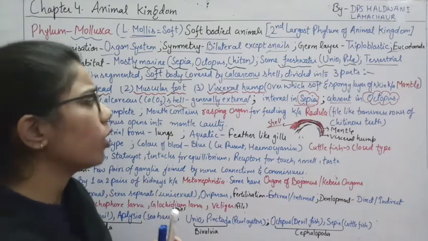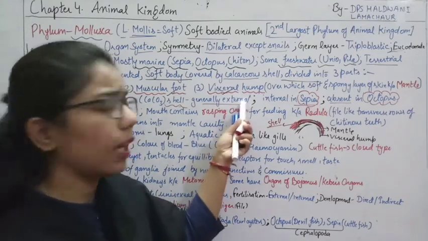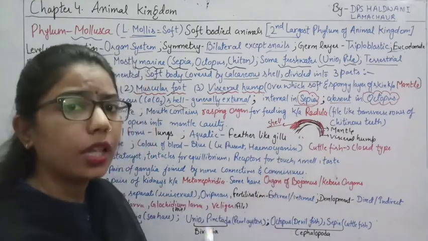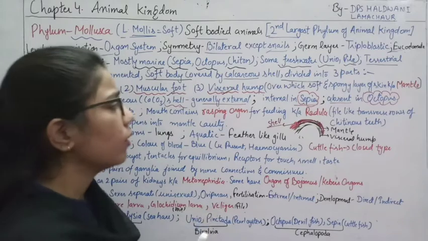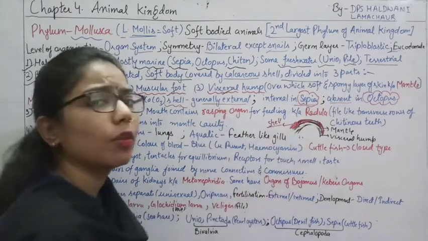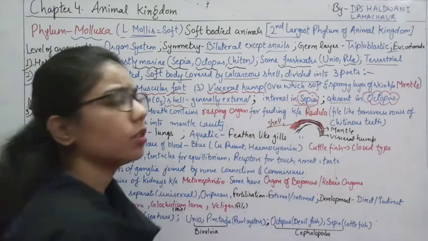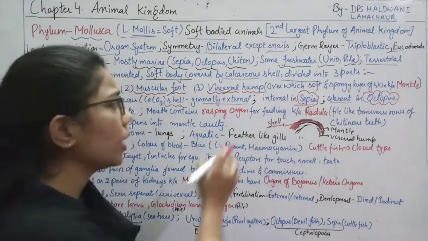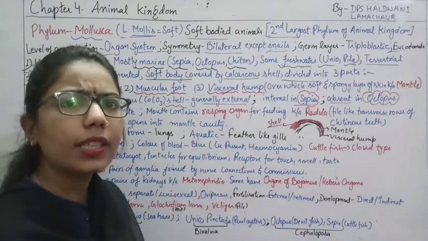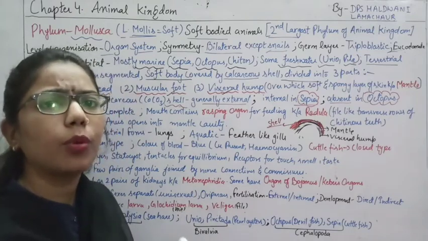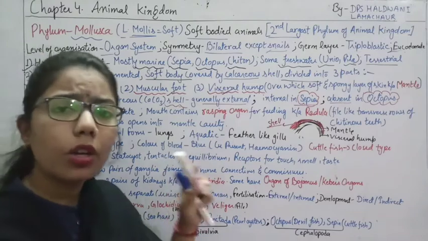Okay, so if we talk about the general external type, it means organisms in which the shell is present outside the body. In case of snails you can see the shell on the outside. In case of sepia, which is known as cuttlefish, whatever skeleton there is, these are the skeleton. Our body also has a skeleton, a bone-like structure, but here bones are not present.